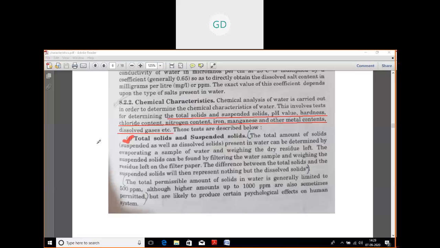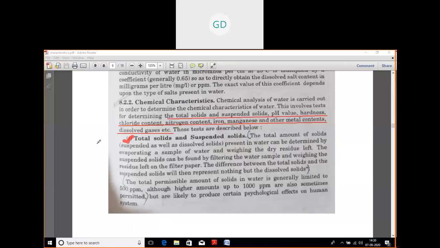So total solids, you see, sometimes in water, when you take a sample of water and look carefully in the presence of light, you can see some presence of solids. It is present there at the top level.